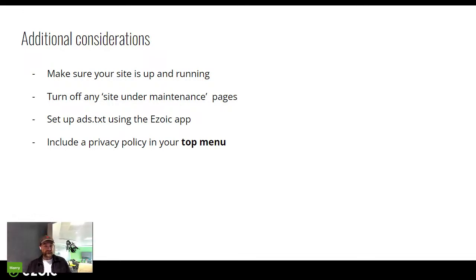And another thing that seems to get a lot of sites that had been disapproved for things like low value content approved is if people add a link to their privacy policy into the top menu. Again, this is just a legal requirement for things like GDPR, CCPA, and it just makes sure that your site is in keeping with all those things. So it covers your back and does tend to help when it comes to Google approval.